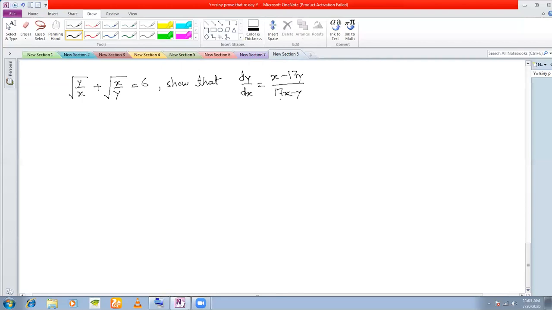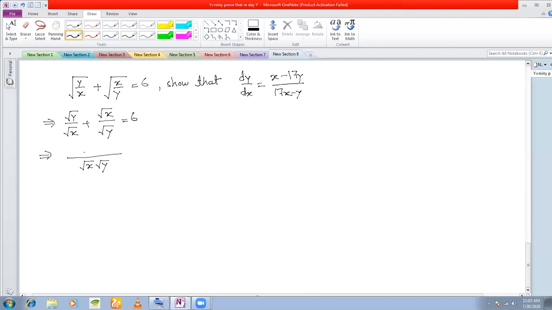Okay, so what I do here is that I write this as root y by root x plus root x by root y is equal to 6. Now I take the LCM, root x into root y.